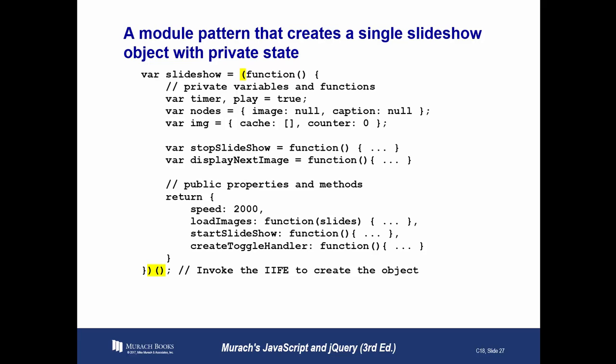The first thing they talk about is that using a single instance is basically using what's called a singleton, S-I-N-G-L-E-T-O-N, and a singleton is a pattern in which you have only one instance of an object. The easiest way to do this in JavaScript is using an object literal.